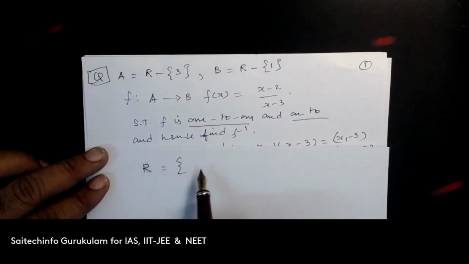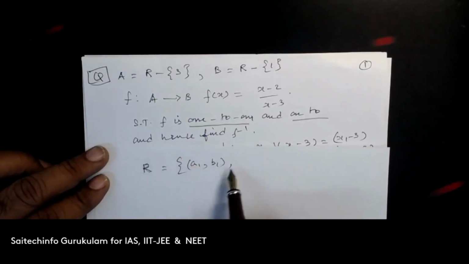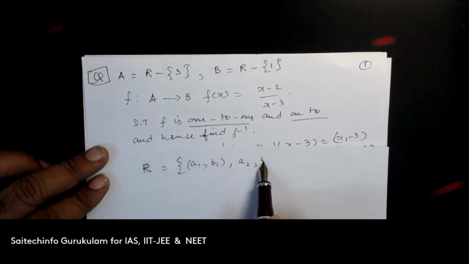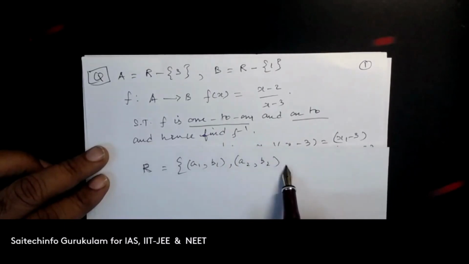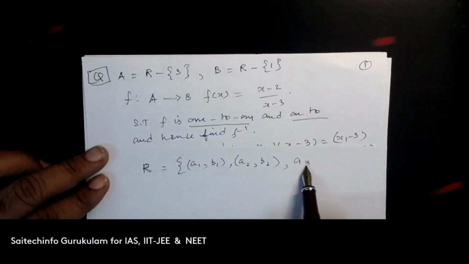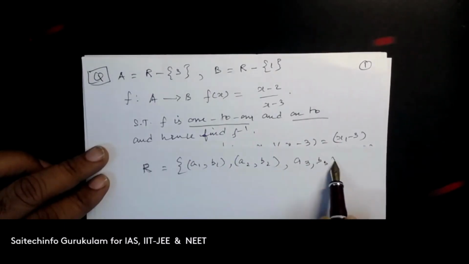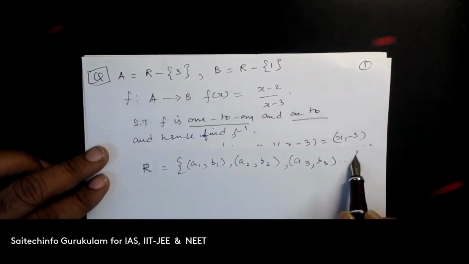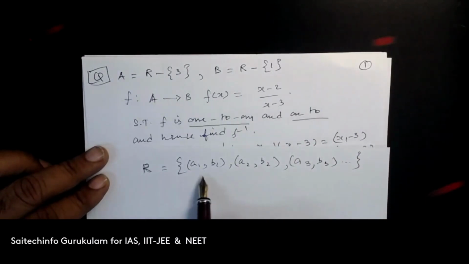Let me consider (a1, b1), (a2, b2), (a3, b3), etc. So this is the set of ordered pairs where A is the input, B is the output.